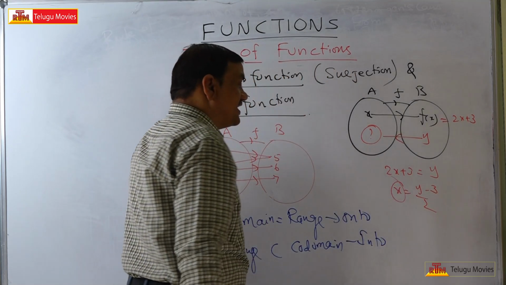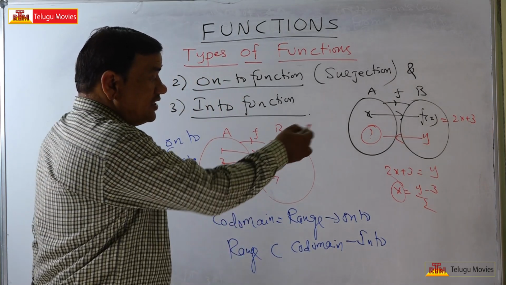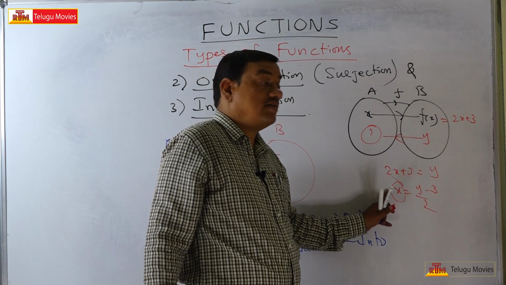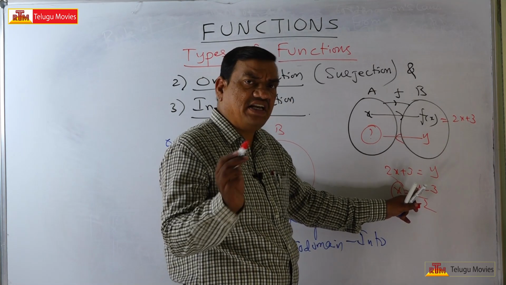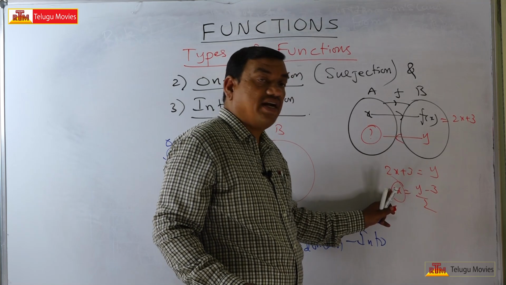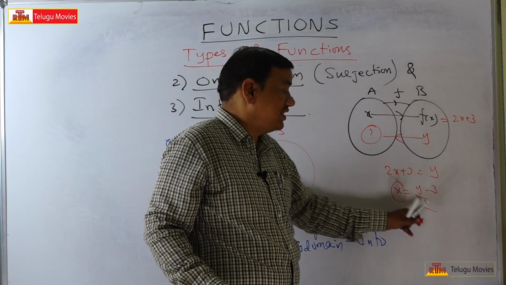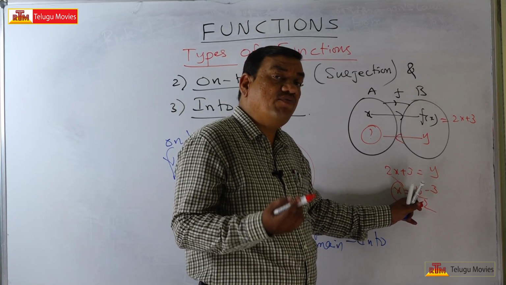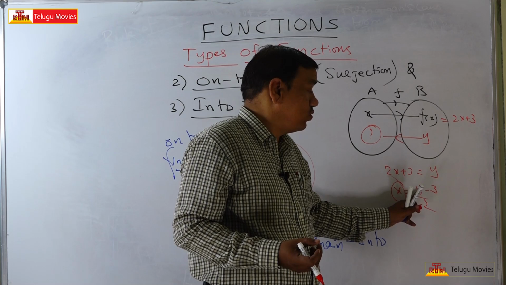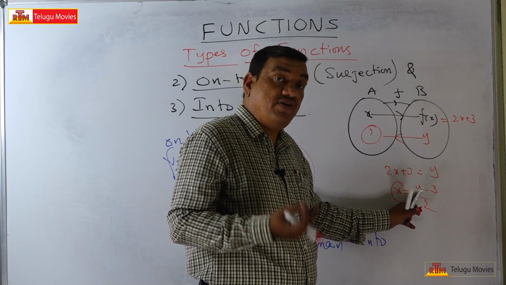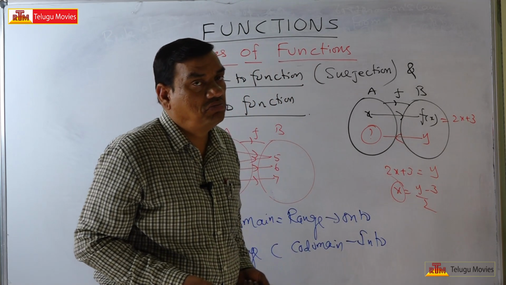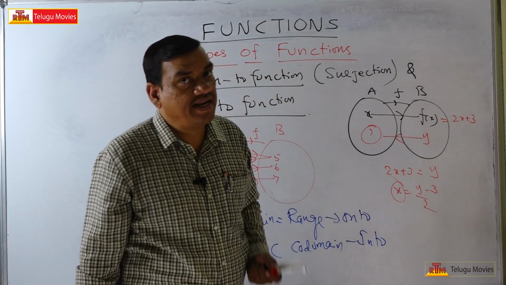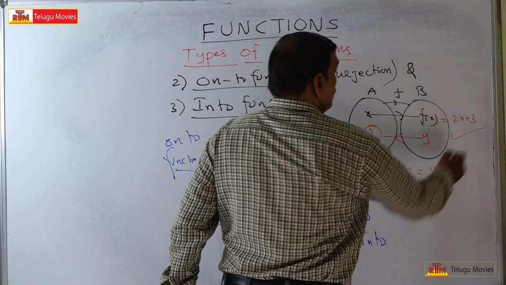Then you have to check whether for every element y you are getting x or not. Y is a real number. Any number you substitute, you will get a number. Substitute 0, you get minus 3 by 2. Again substitute 1, 2, 3, 4. Tell me any one y value for which you are not getting an x value. No, for all real numbers y, you will get x. Therefore, it is an onto function.